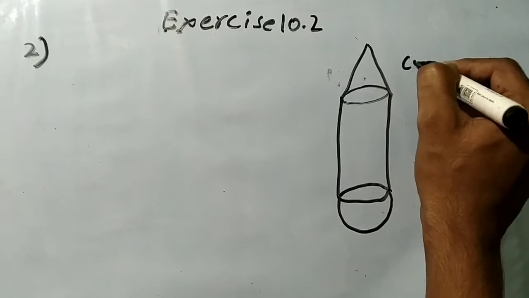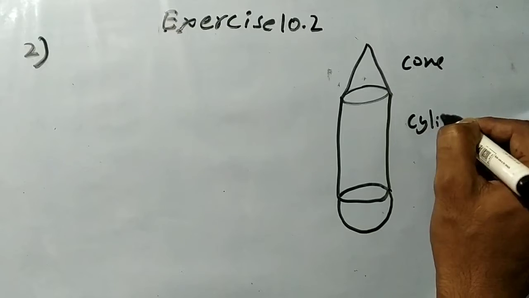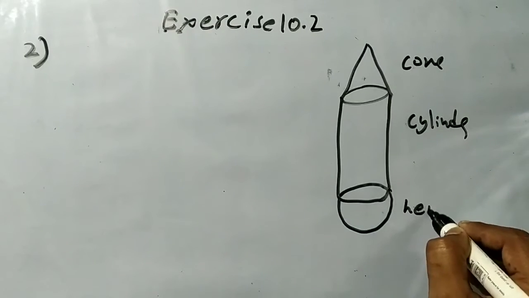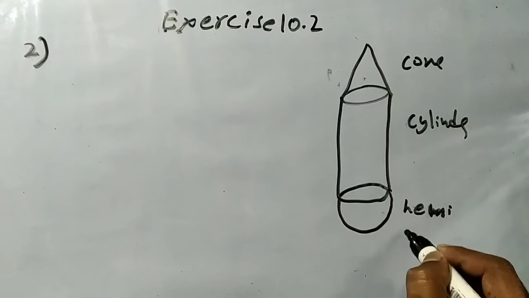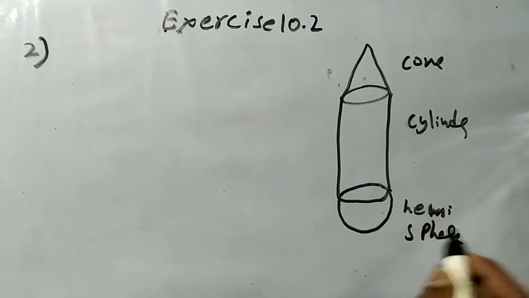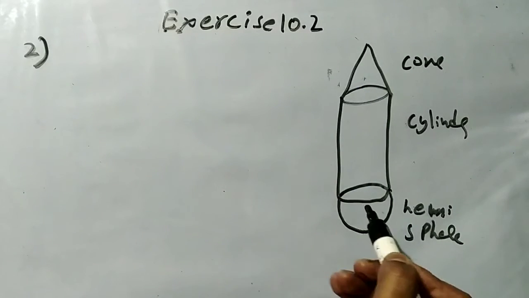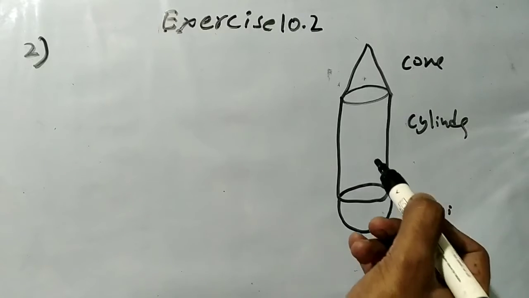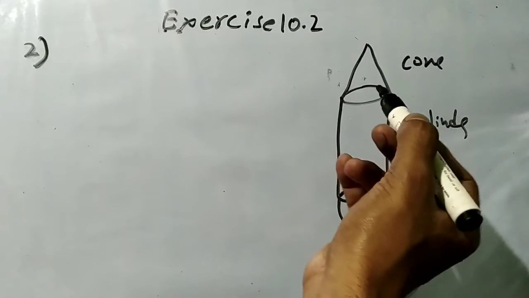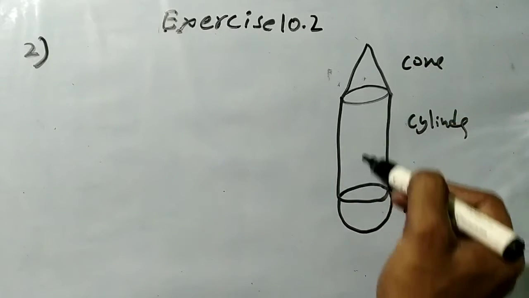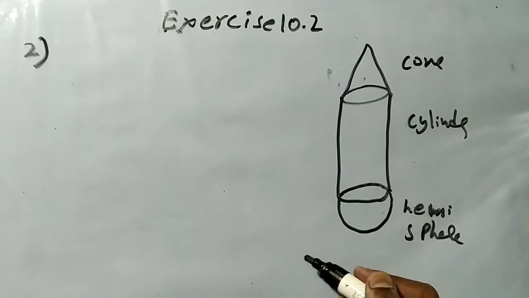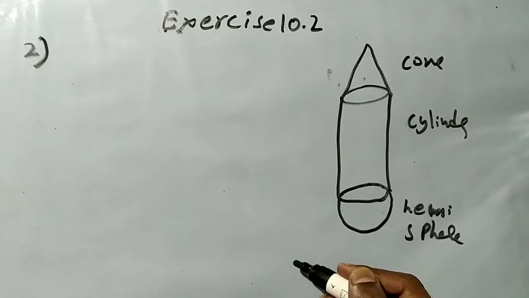So here we have the cone, cylinder and hemisphere, the three combined. If we consider the radius of the whole toy, it will be the same, because the radius of the hemisphere is equal to the cylinder radius and the cone radius, as they are attached together. They have given the radius of the common base is 8.